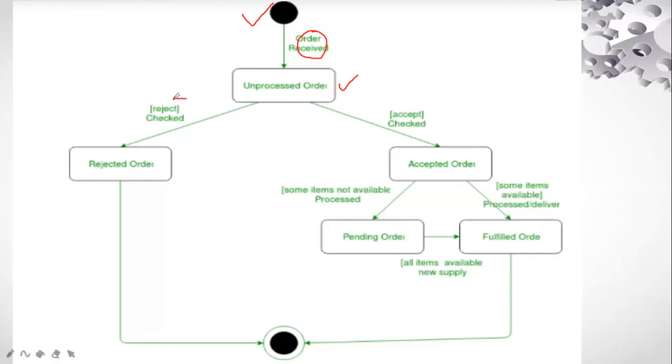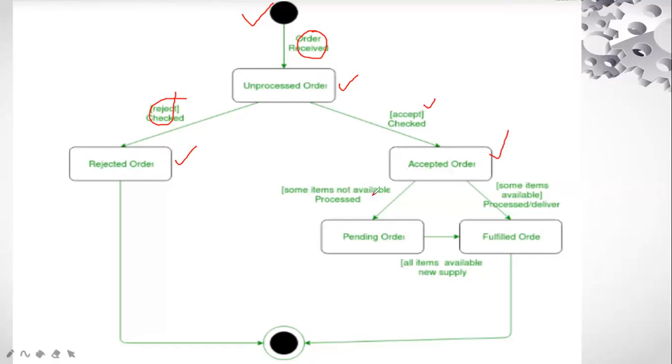So this is order rejected. Or maybe we do not have that particular item in our restaurant right now. So the state is being changed from unprocessed order to the rejected order. If we are accepting it, the change of state is accepted order.